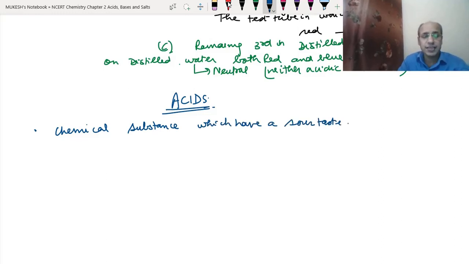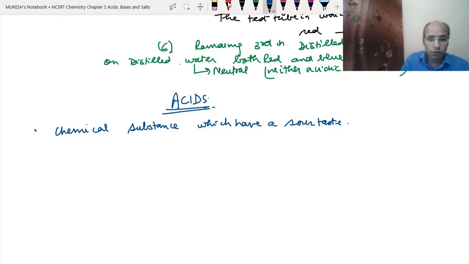We can recognize an acid by its taste, although we should not taste acids in the laboratory unless we know what the acid is, because some acids may be very harmful if we take them inside our body. So be careful while tasting acids. But whatever sour things we have in our life, like mango, orange, anything, they all have acids.